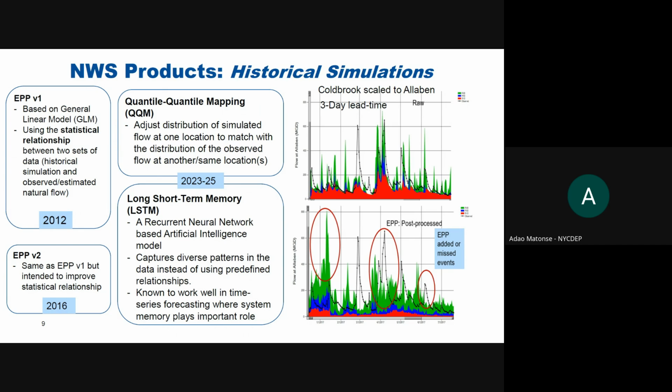This was ready in 2016, and since then it has been in use in OST, together with some locations that are using post-processed forecasts from the National Weather Service. Most recently, we started working with RTI to develop quantile-to-quantile mapping-based APPs, as well as artificial intelligence-based APPs. This is a work in progress.